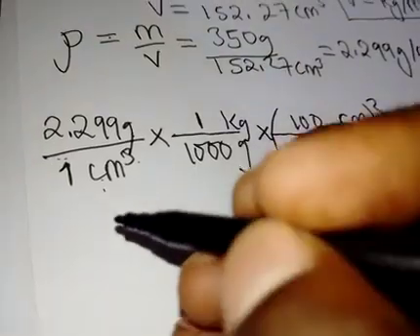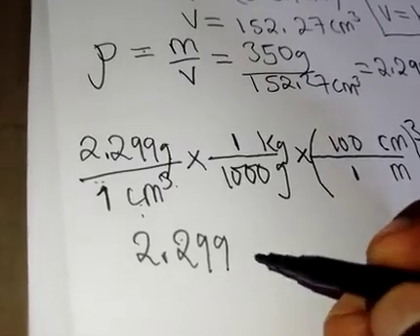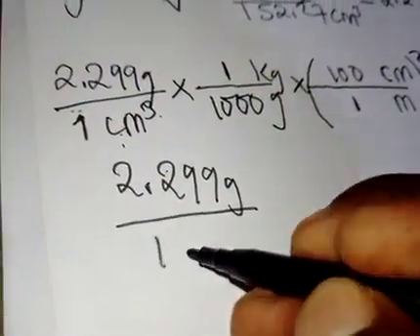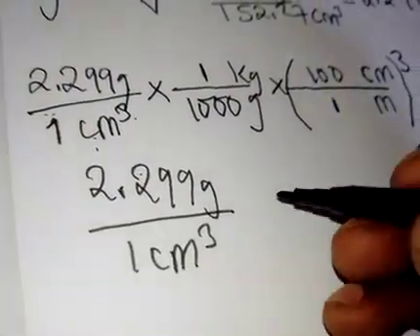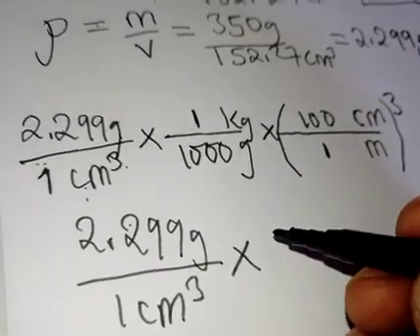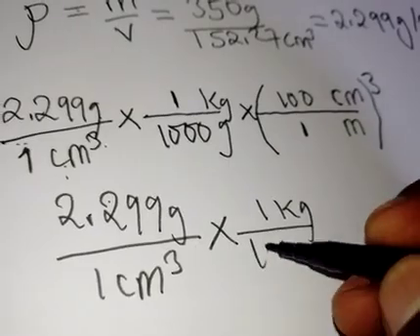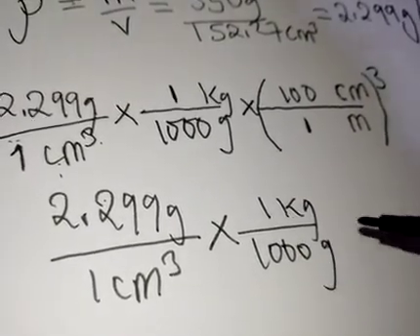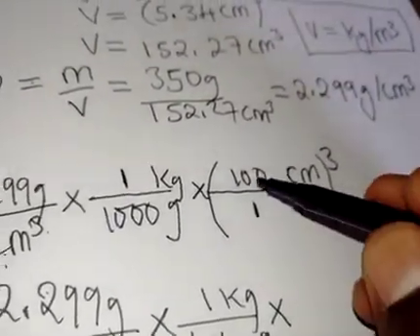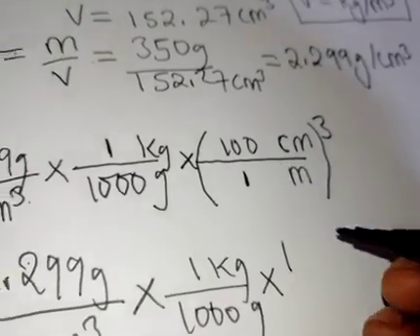Okay, so next step, we have 2.299 grams over 1 cubic centimeter. Then multiply by 1 kg over 1000 grams, then multiply by 100 raised to the power 3, we have 1 with how many zeros now?